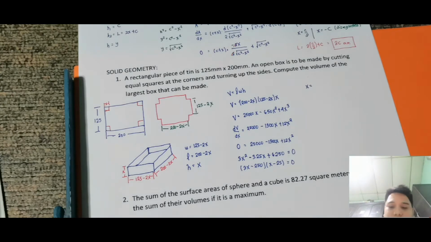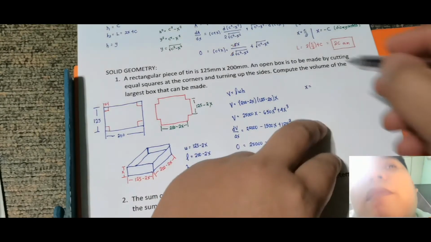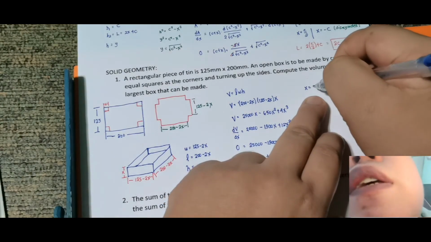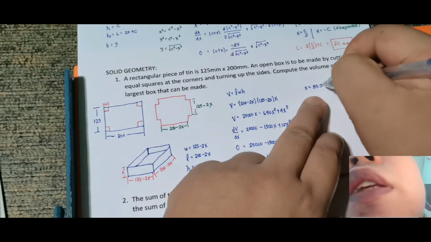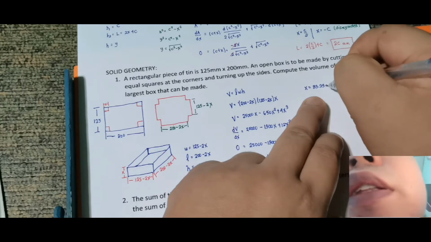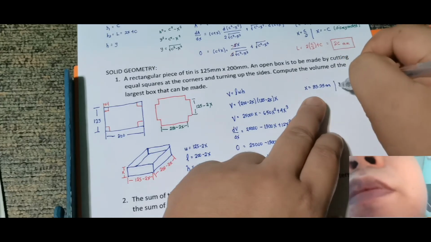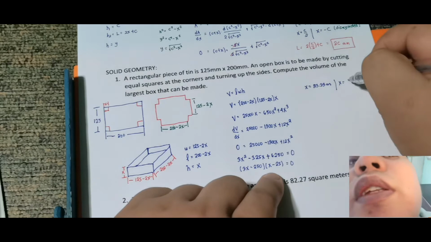What is 250 over 3? That is 83.33 millimeters. The other x is just equal to 25.